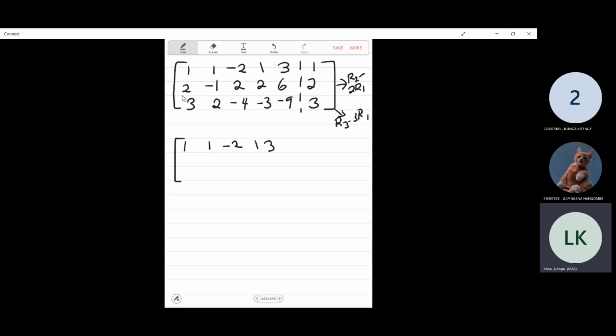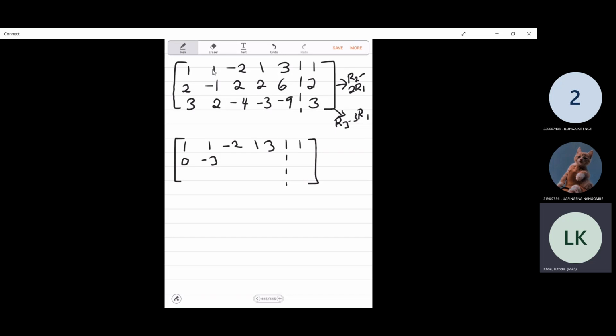Then here I will have 0, then minus 1, minus 2 is minus 3, 2 minus negative 4 is 6, 2 minus 2 is 0, and 6 minus 6 is 0, and then 2 minus 2 is 0. And the same thing over here, I have 3 minus 3, which is 0. Then 2 minus 3 is minus 1.